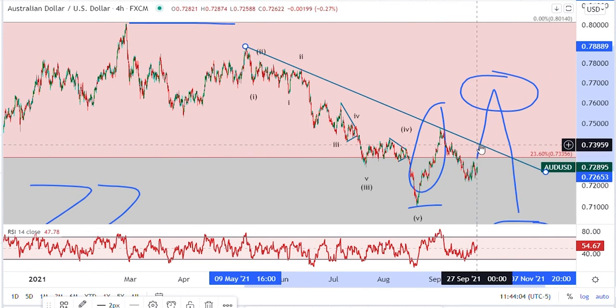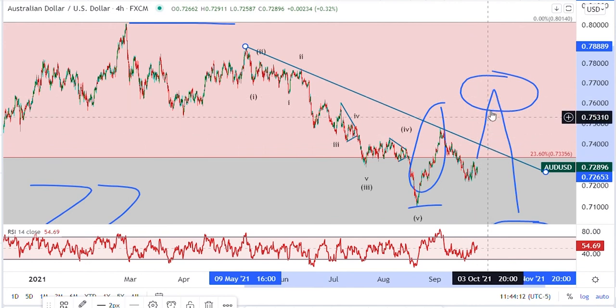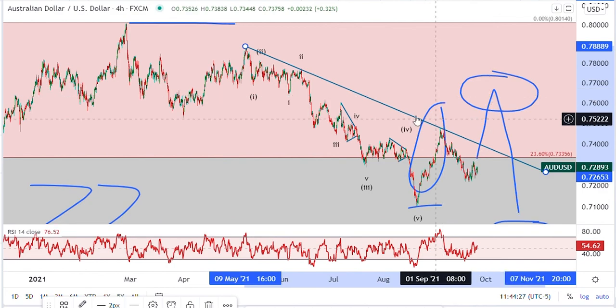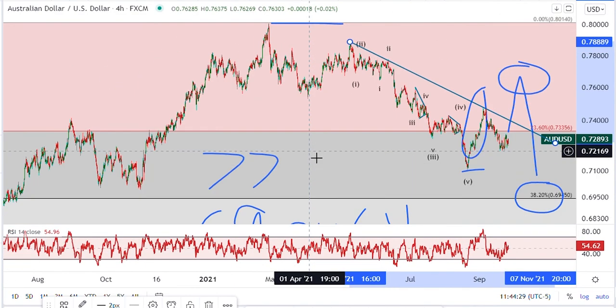So as prices rally, look for a little bit of a reaction to take place near 74 cents. But eventually a move up to 77 cents does not have to happen. But I think that might be the fake out that would reset for prices to plummet down and retest the low at 71 cents or possibly even 69, which is where the larger 38% retracement level is sitting.